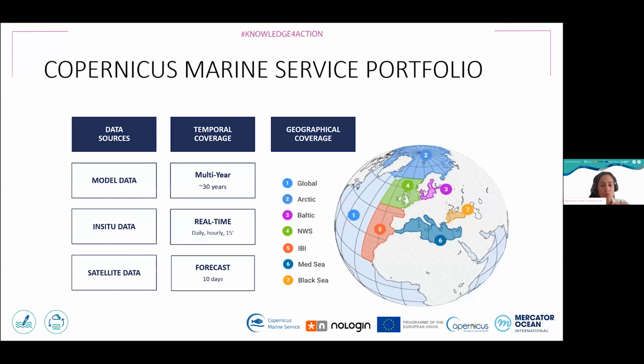The temporal coverage ranges from yearly to daily and hourly, and we also provide a 10-day forecast. In terms of geographical coverage, it covers not only the global ocean, but also six main regions in the European basins and seas.